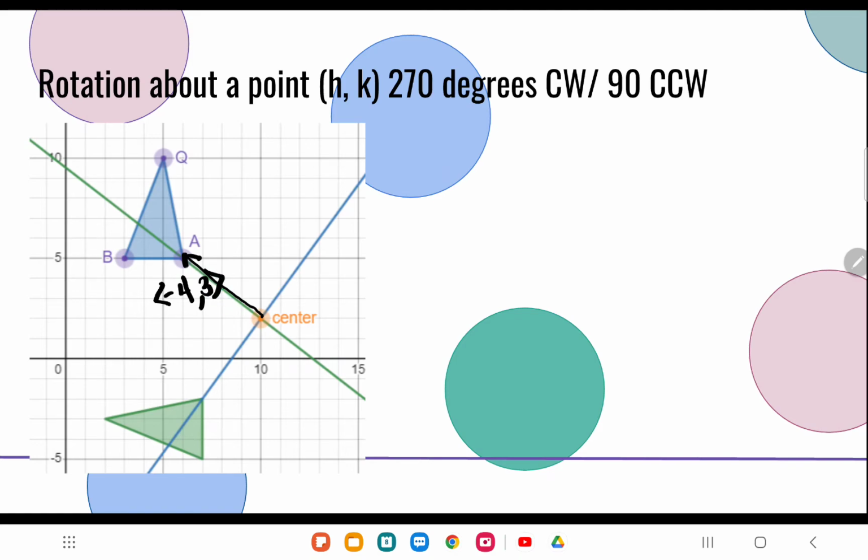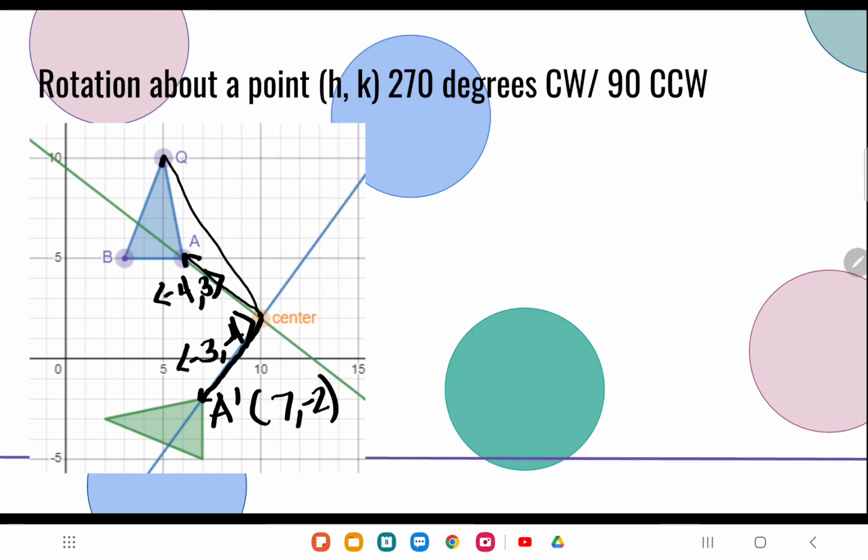So following my rules of rotation from this vector, I would take the coordinates, I would flip them, and I would change the sign of the new X component. I would therefore get the vector -3, -4. And following that, from my center of rotation at 10, 2, I would arrive at the new A prime point of 7, -2. I would then repeat this process for points Q and B.